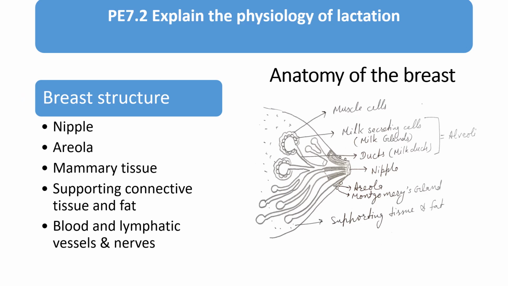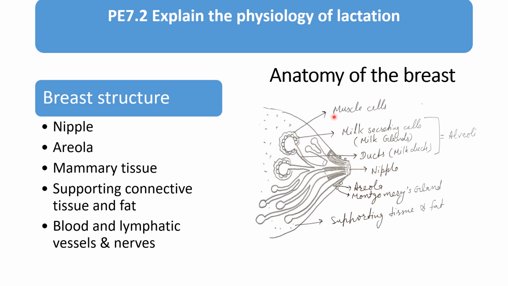To understand the physiology of lactation, we have to remember the structures in the breast tissue. Outside is the nipple. This part is the areola, dark brown in color, and these are the Montgomery glands. The milk gland and the duct combined are known as alveoli, and the muscle cells surrounding the milk gland are the myoepithelial cells.